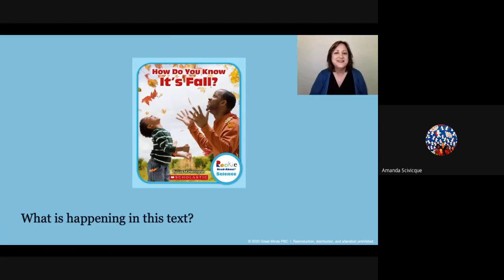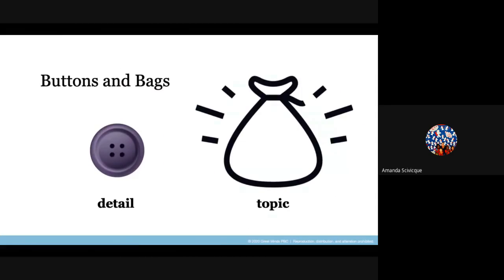What is happening in this text? As we read, we're going to gather important details in this text. These details will help us determine or figure out exactly what's happening in this text. We'll use buttons and bags to help us gather details as we read. Each button will represent a detail.